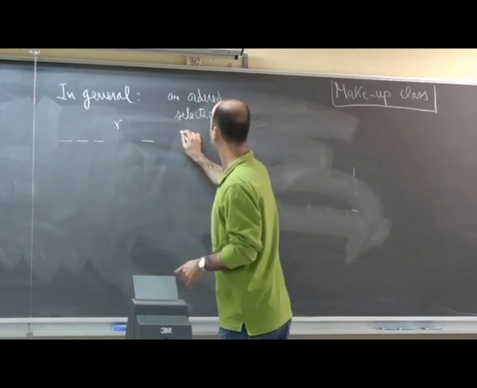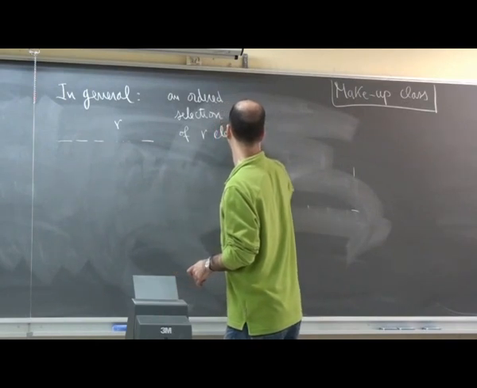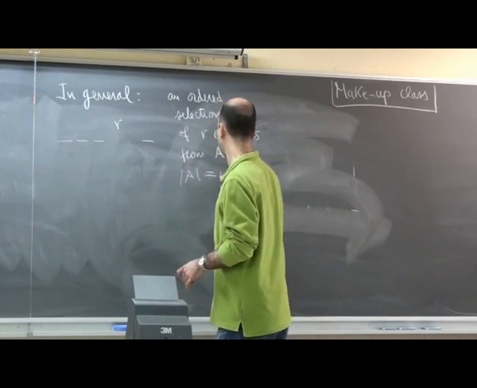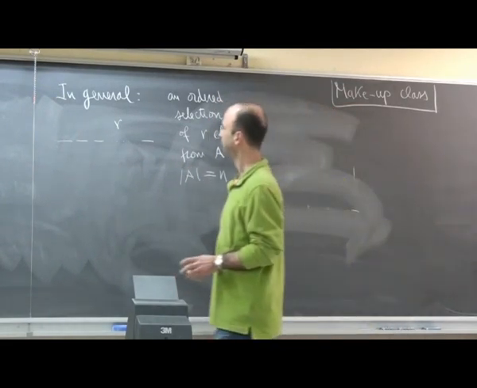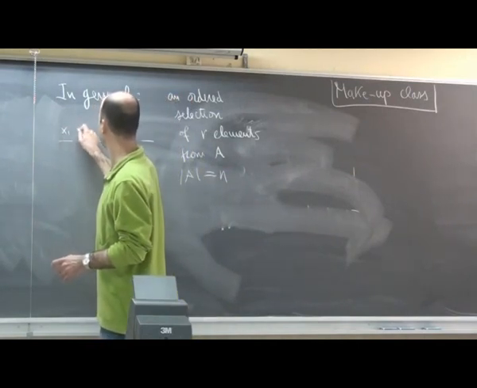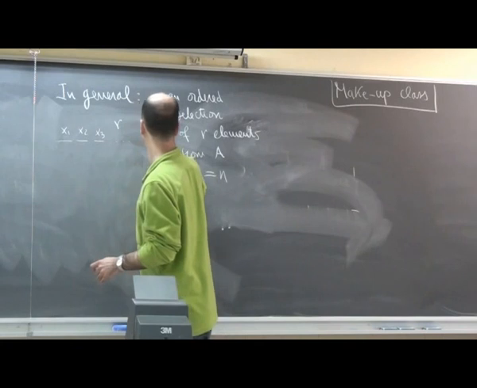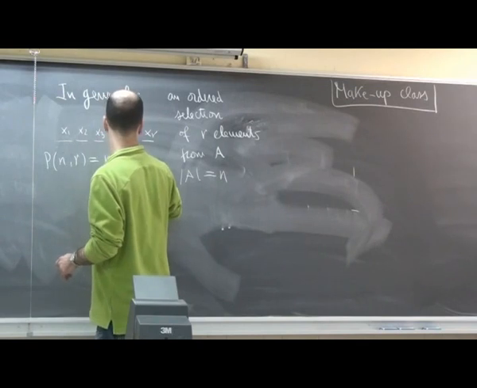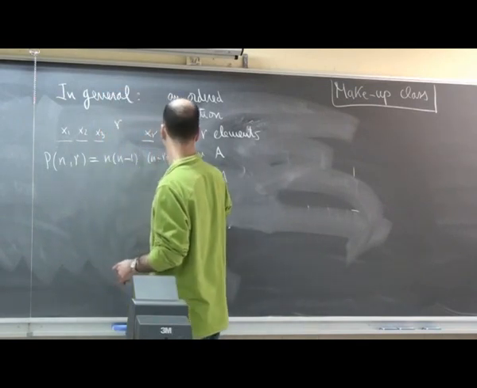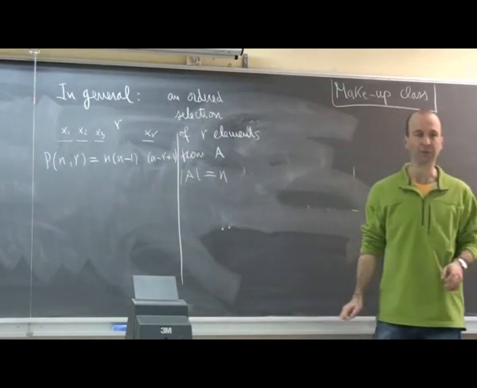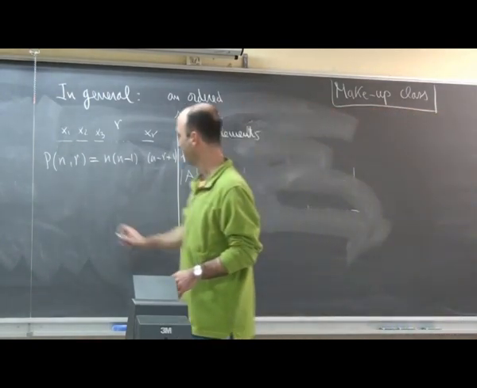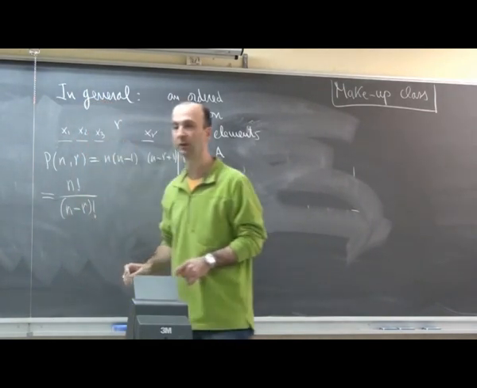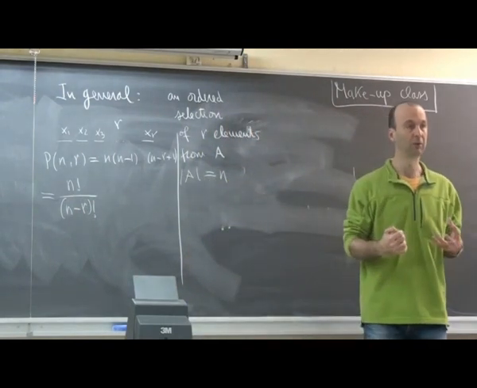An ordered selection of R elements from A. A has n elements. So here I have element 1, 2, 3, and so on. We know that's an R-permutation. That's the formula. Another way to write it, a shorter one.